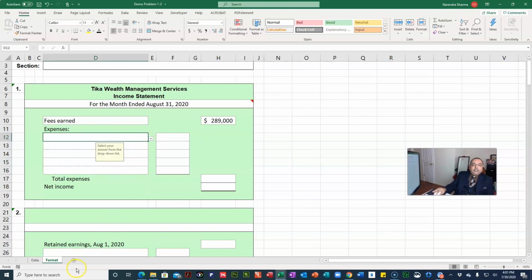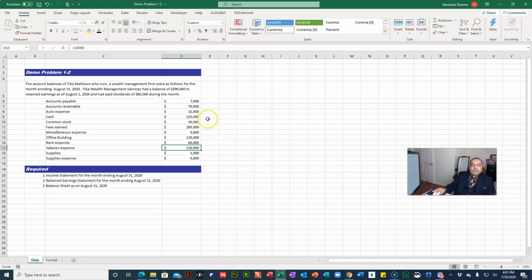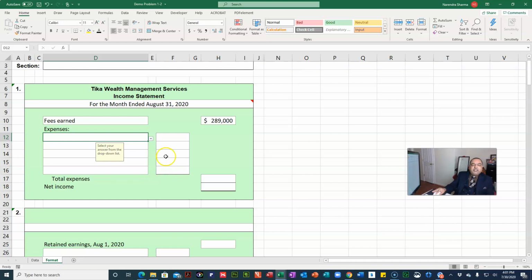So let's look at the expenses. Salaries expense is 110,000, and then rent is 66, auto is 32, supplies is 9,000. So essentially it is salaries expense that's top of the list. So we'll start with the salaries expense.